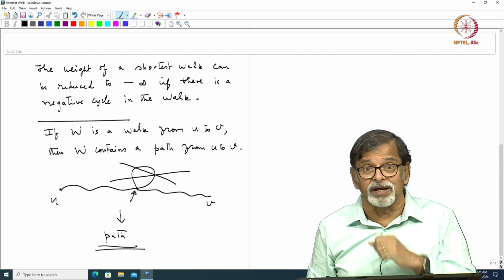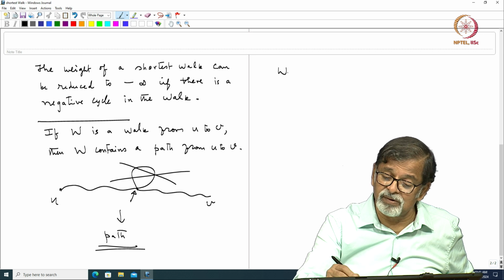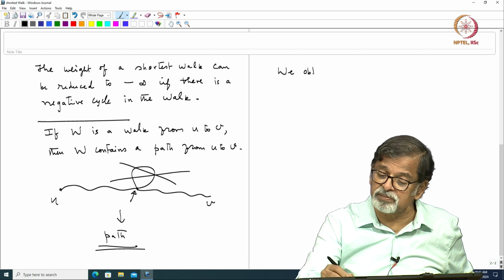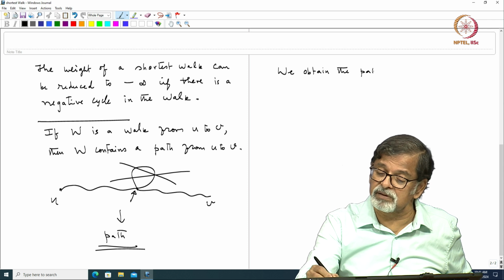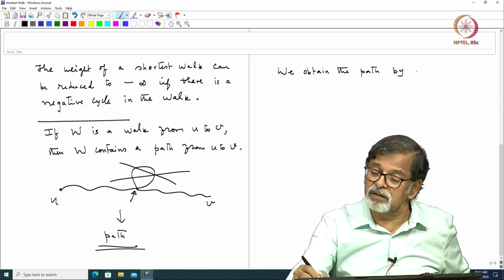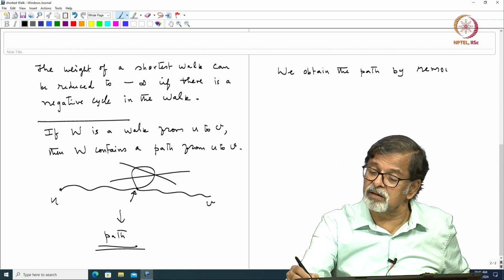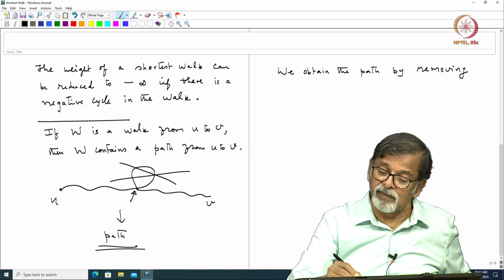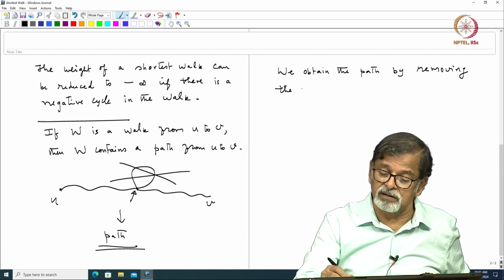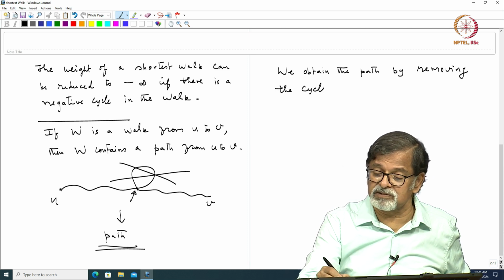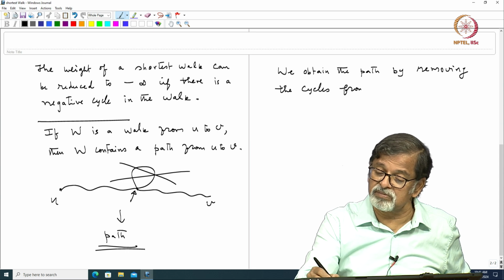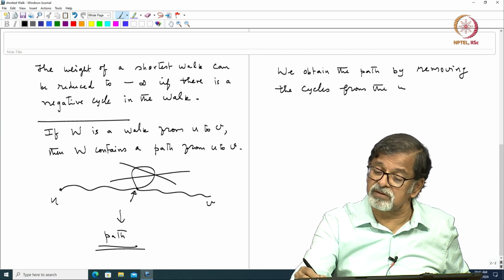Okay. So, if W is a walk from U to V, then W contains a path. How to obtain that path? We obtain the path by removing the cycles from the walk.